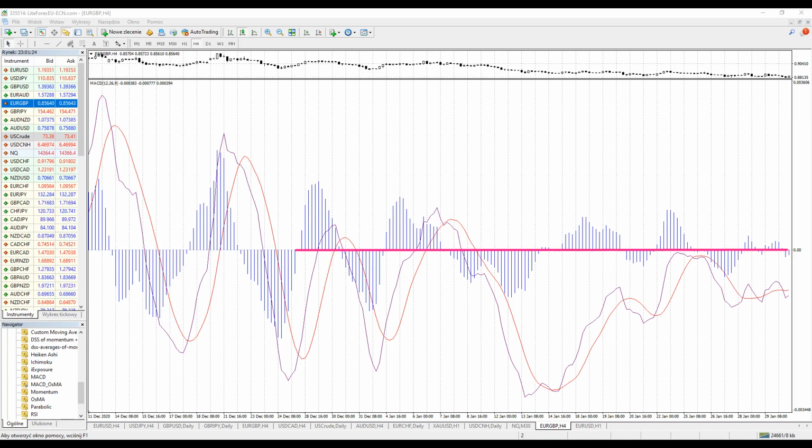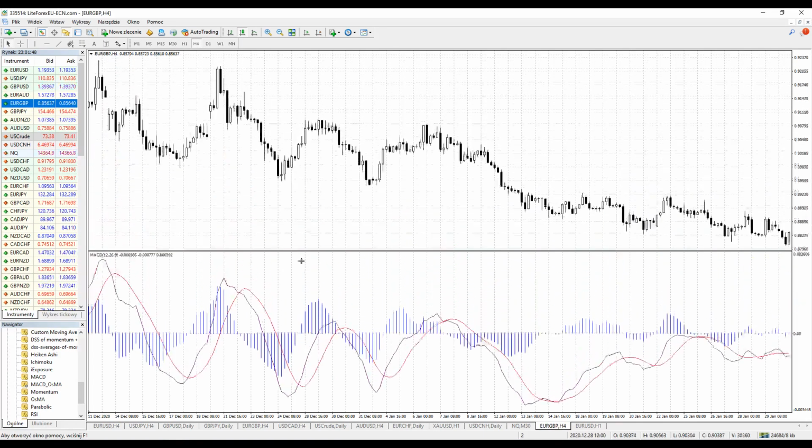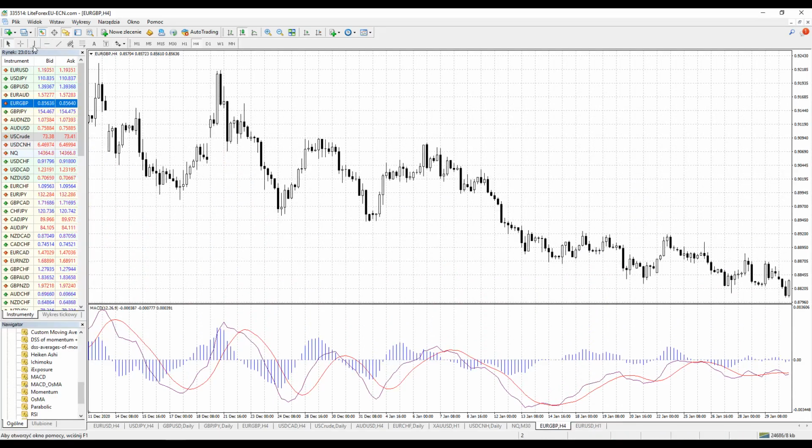The next thing is the moving average, in that case the red line, right? And then there is the fast line over here, and of course the histogram. So basically, the zero cross signal is what we are going to check right now.